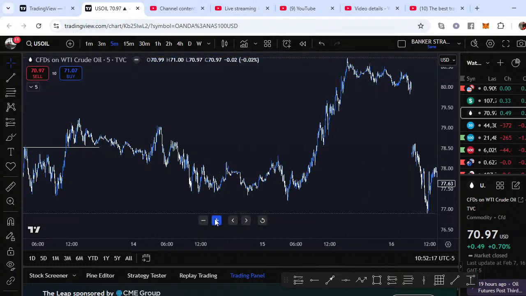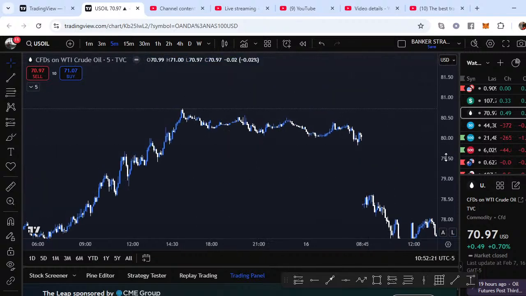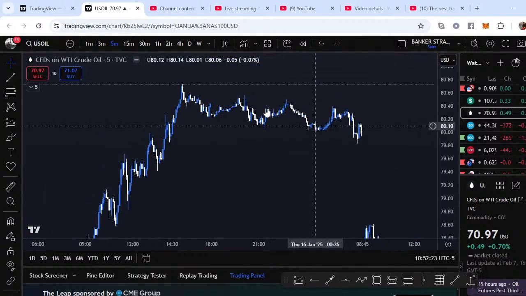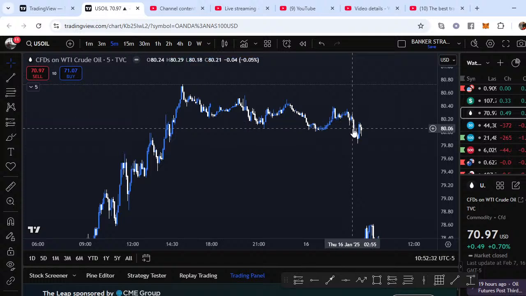Now, during the London kill zone, well, we look for kill zones. So the London kill zone starts at 3. Why at 3 o'clock we got this crazy breaker structure here?